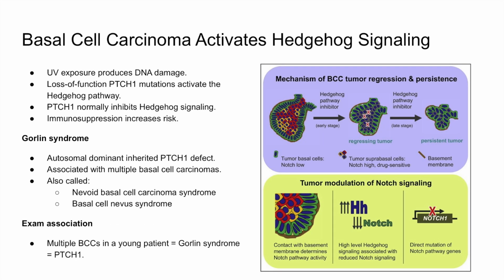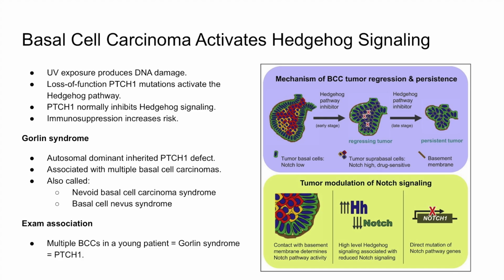So basal cell carcinoma is driven by inappropriate activation of the hedgehog signaling pathway. Normally, the PTCH1 tumor suppressor protein inhibits smoothened, or SMO. When PTCH1 is lost, that inhibition disappears, allowing SMO and downstream GLI transcription factors to stimulate cellular proliferation.